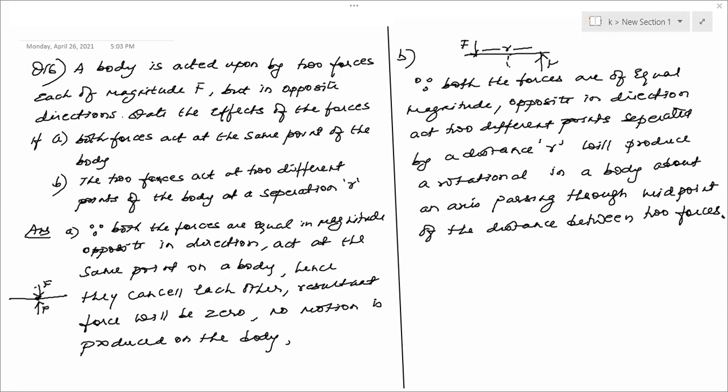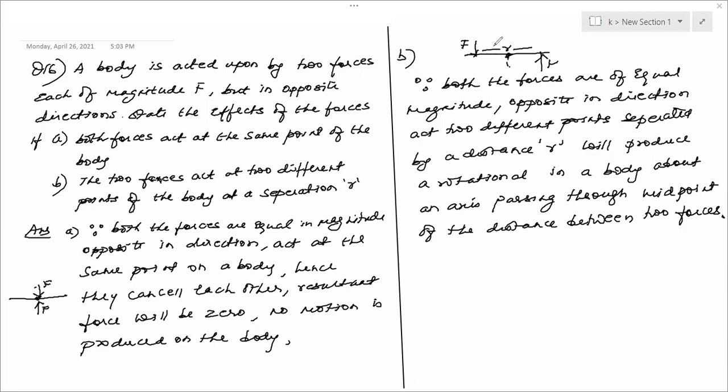Children, see, both the forces are of equal magnitude, opposite direction, and act at two different points separated by a distance r. It will produce a rotational motion in a body about an axis passing through the midpoint of the distance between the two forces.